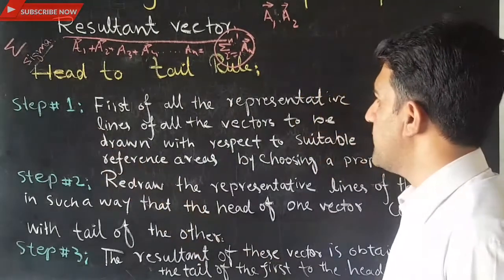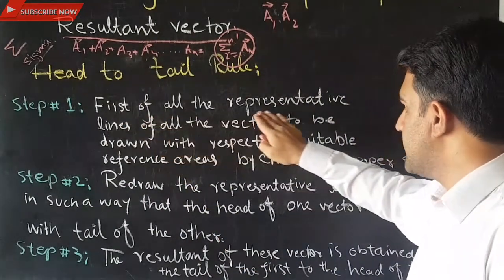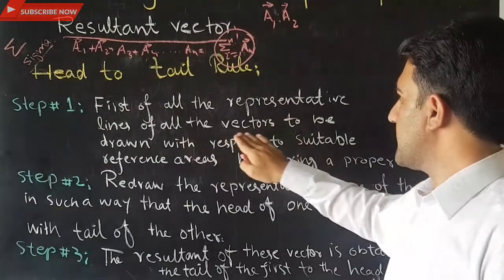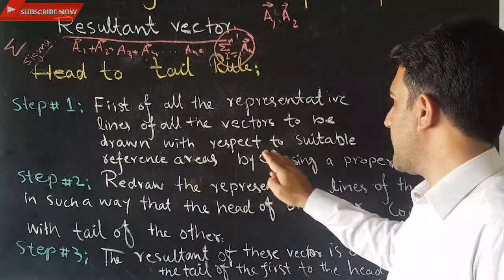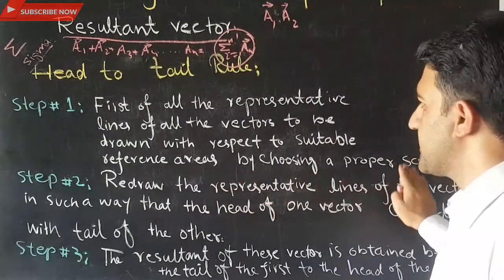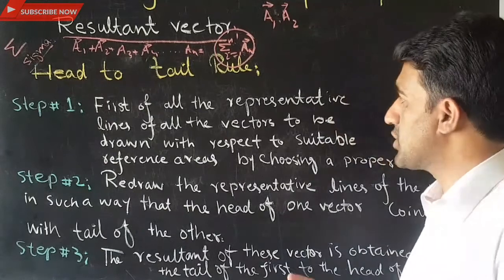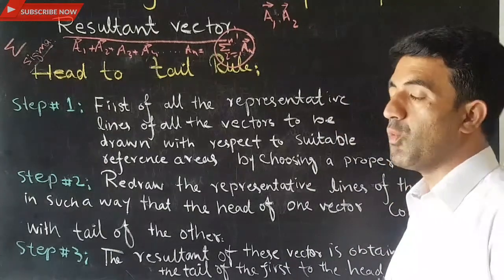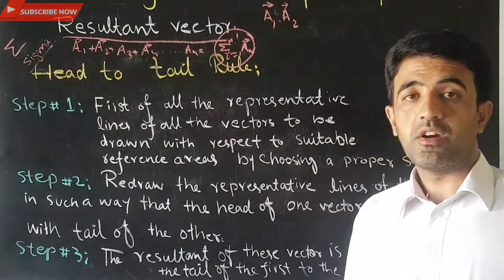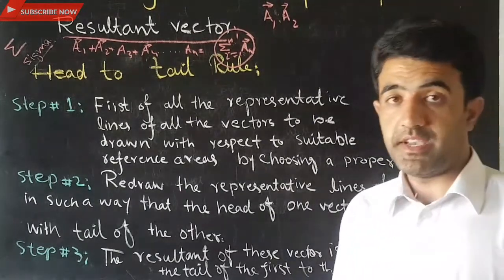In step number one, we write that first of all, the representative lines of all the vectors are to be drawn with respect to suitable reference axes by choosing a proper scale. In this step, if you want to add vectors according to the head to tail rule, you have to select the reference axes.